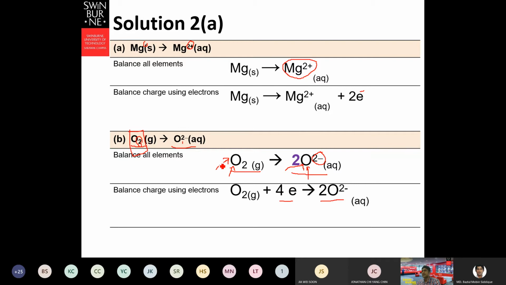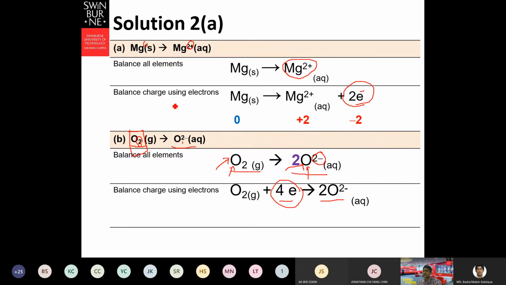But this 4 electrons, where does it come from, right? In the other half of the reaction, the magnesium, we have 2 electrons. So if I multiply this magnesium by 2, I will get 4 electrons on this side.